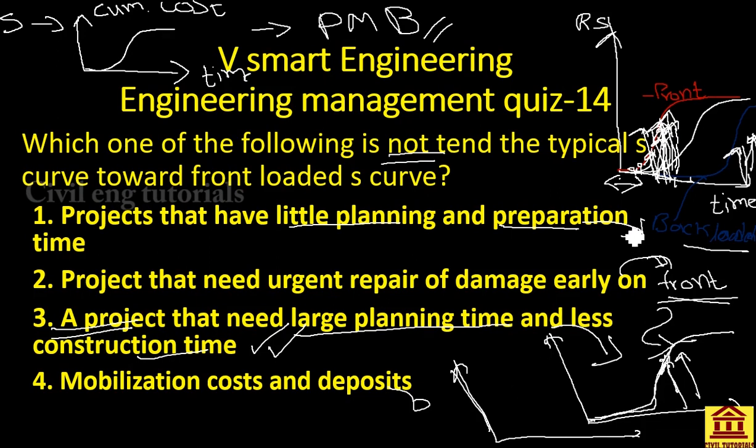If you are given the mobilization cost early, you will get a curve like that at earlier times. So this one also tends to the front-loaded curve. So the third one is the answer for this problem.